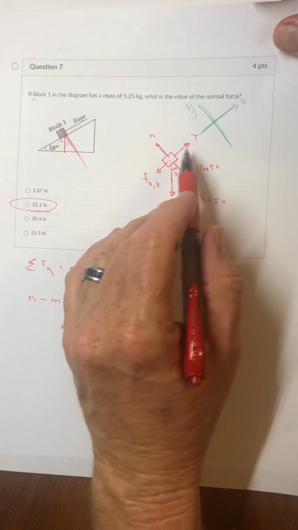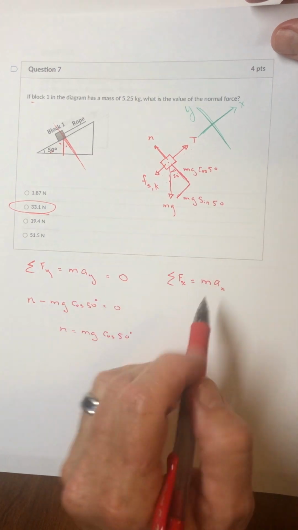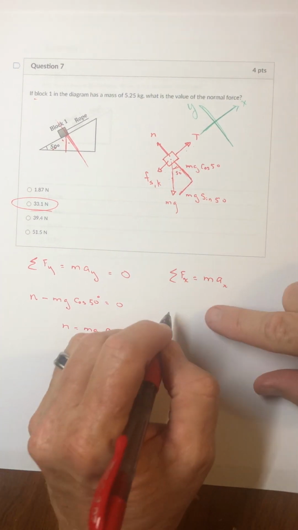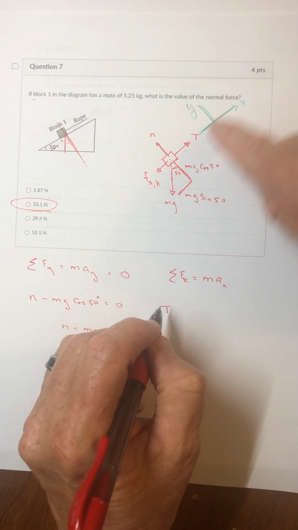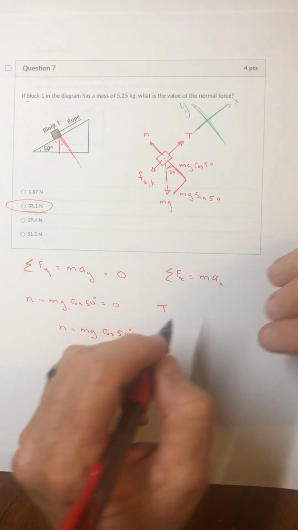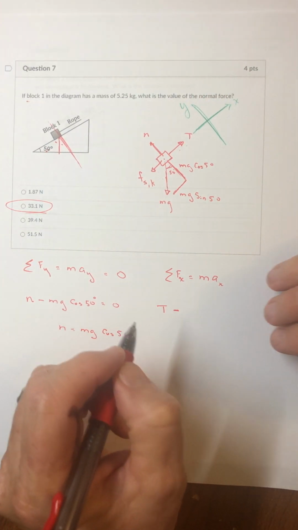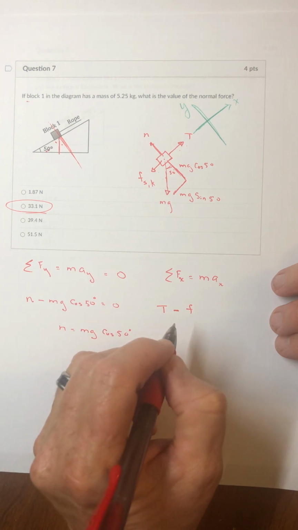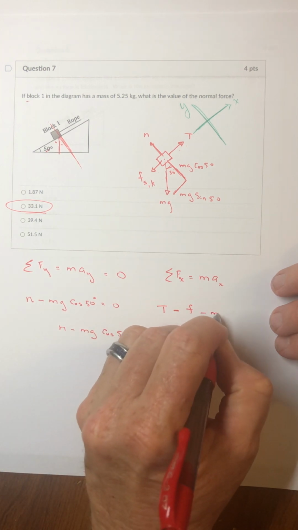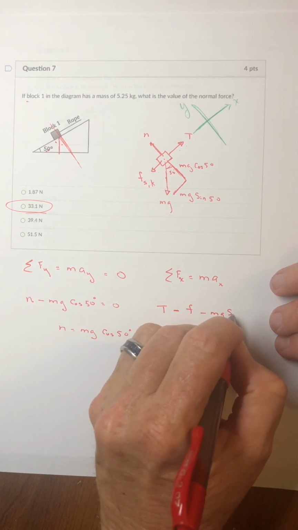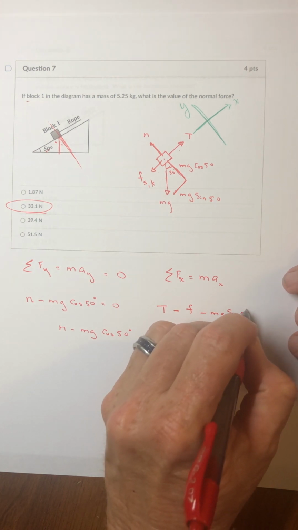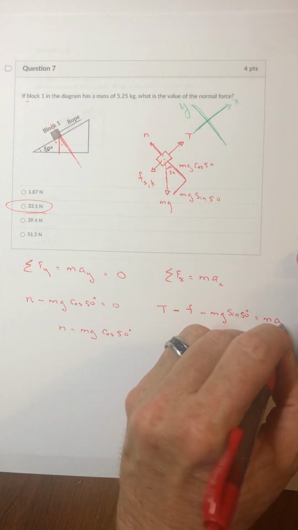And so that answers my two thoughts here about this equation, because I would say tension pulling up the hill, and the stuff pulling down the hill would be the friction and the component of gravity pulling down, and that has to equal ma.